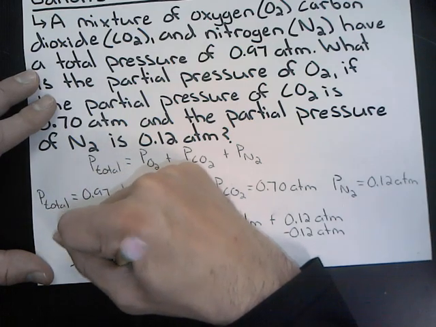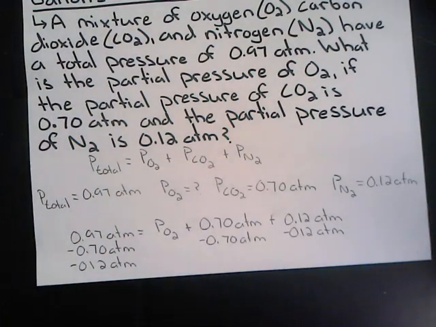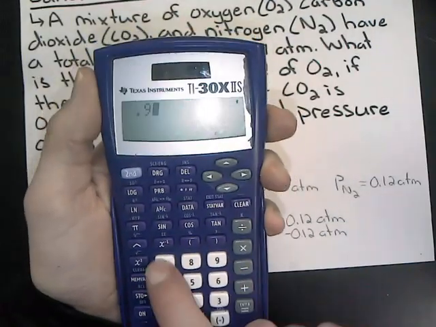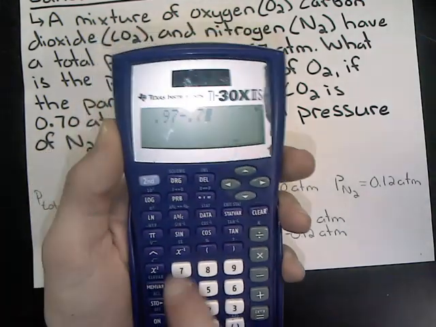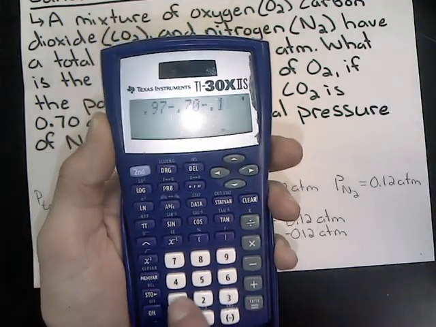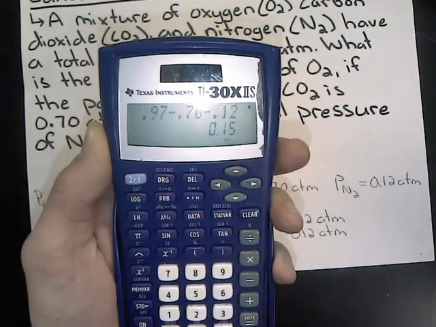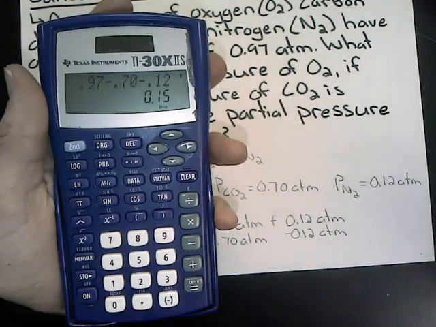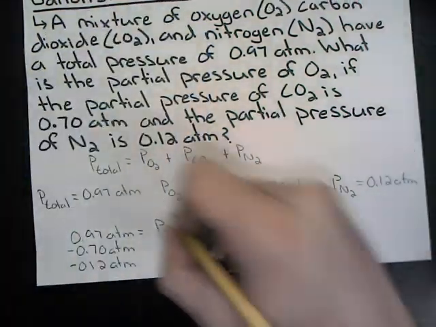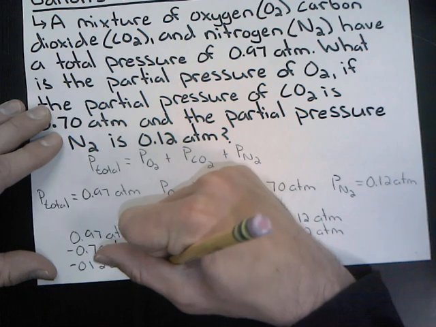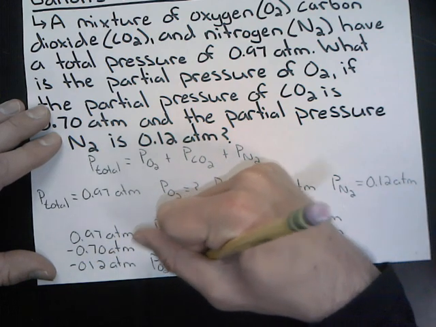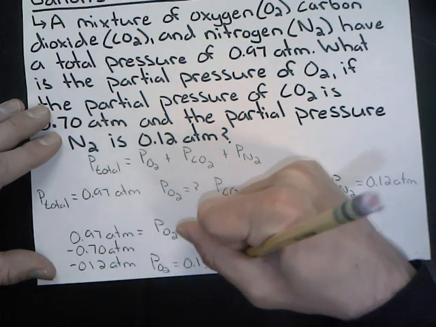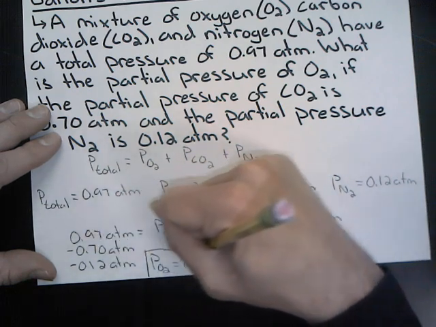So in my calculator, I'm going to type in 0.97 minus 0.70 minus 0.12, and I'll press enter. The partial pressure for oxygen is 0.15 atmospheres. And that is how we would utilize Dalton's law of partial pressure.